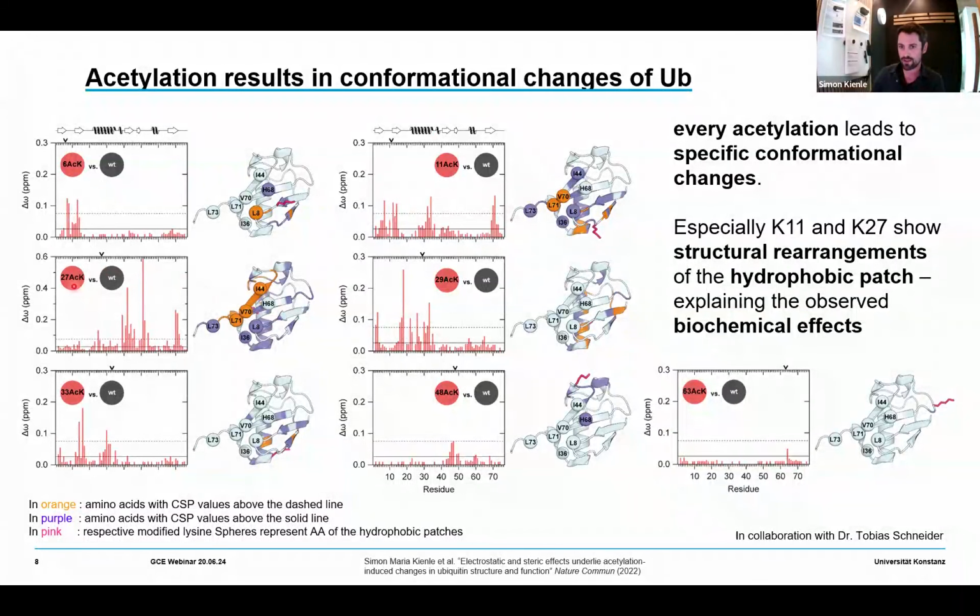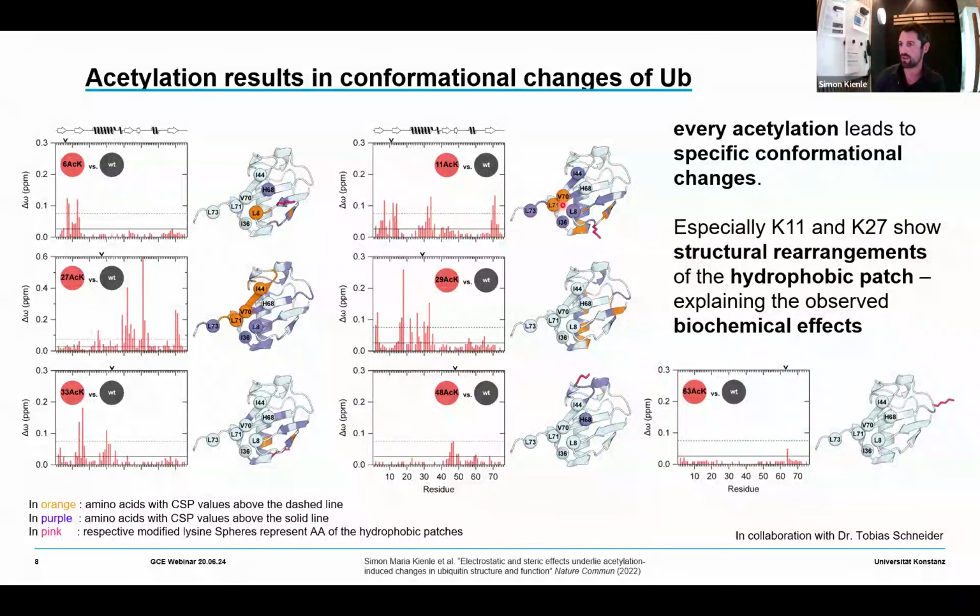And as I said, this was true for ubiquitin variants which showed strong effects in the ubiquitination assay, in the biochemical assays. This also fits quite well to the structure which we identified, because K27 showed a biochemical effect, and ubiquitin acetylated at position 11 showed a biochemical effect.